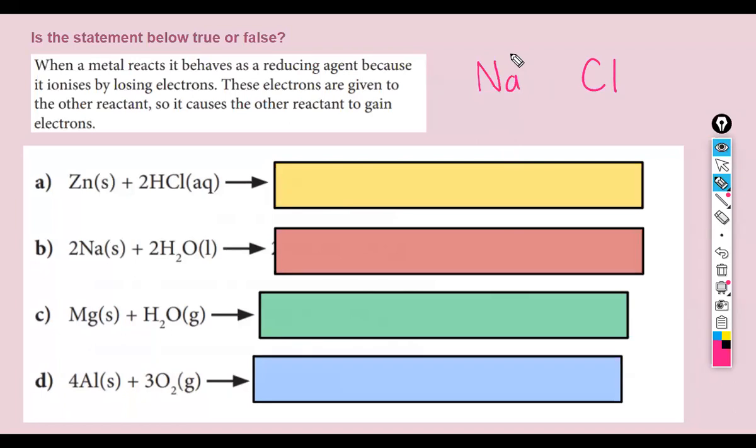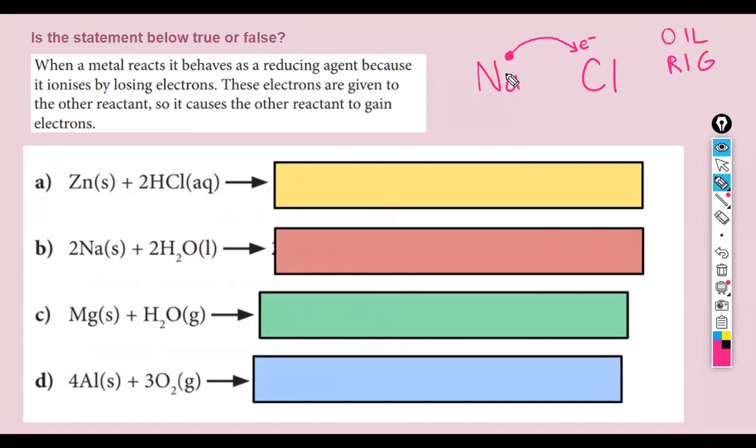All right, so what happens with sodium and chlorine? Sodium will give an electron to chlorine. So sodium loses electrons. Remember OIL RIG, so the L is for loss.